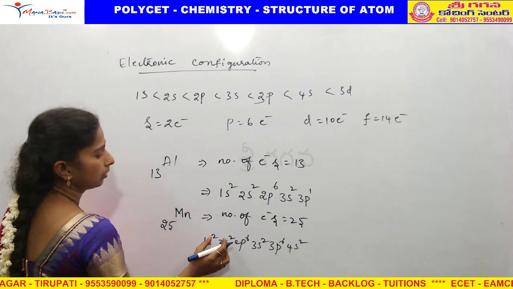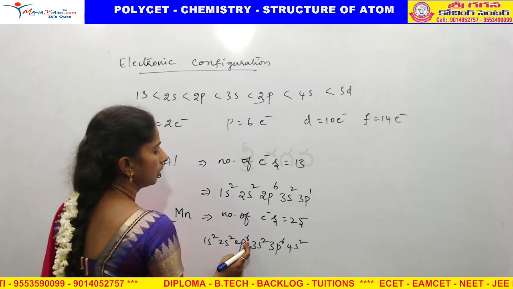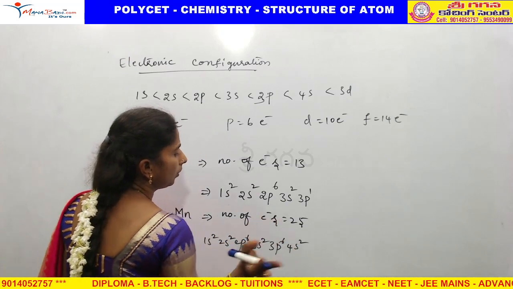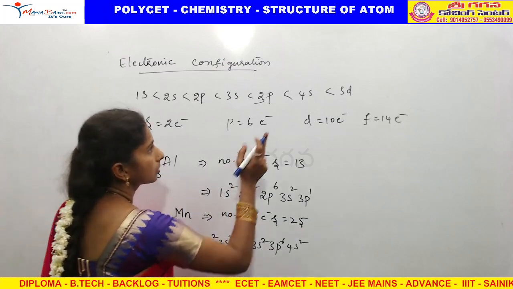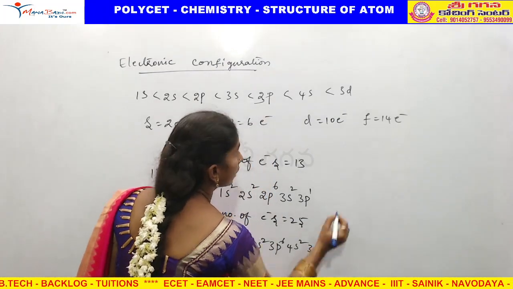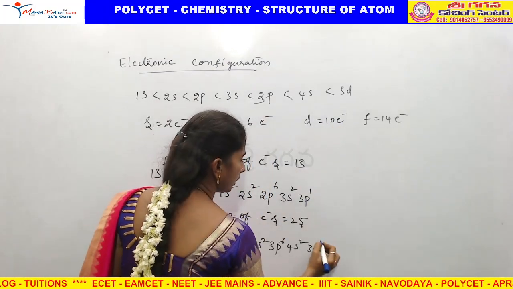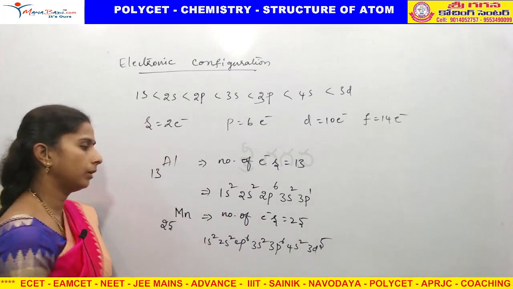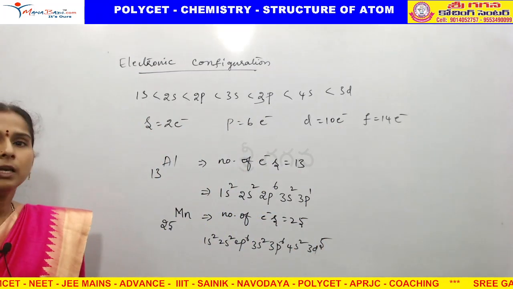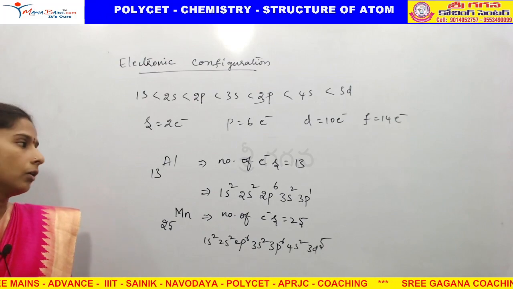How many are used? 2, 4, 6, 10, 20 are used. Still 5 electrons remain. The d orbital can accommodate 10 electrons, but we require only 5, so 3d5. That is the way to write the electronic configuration.